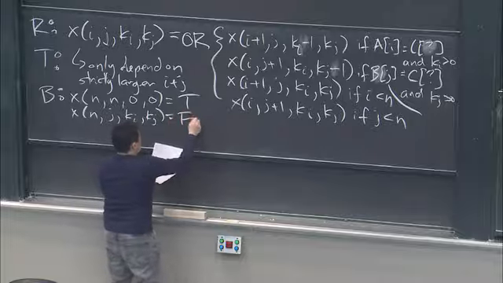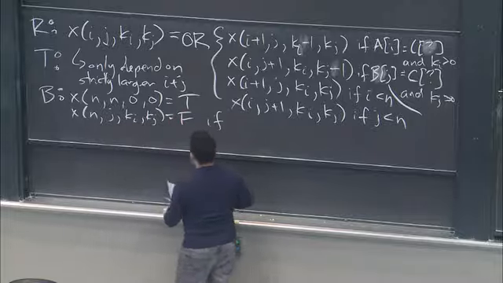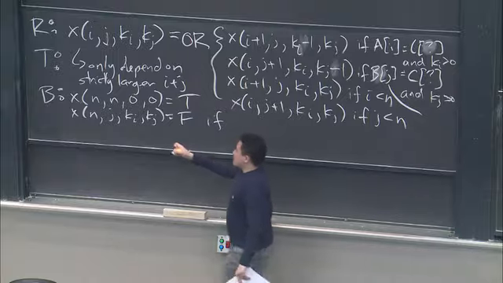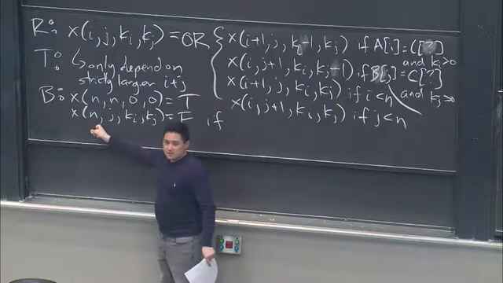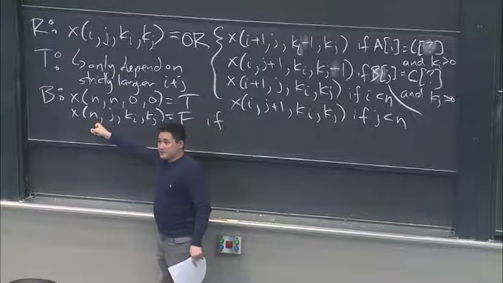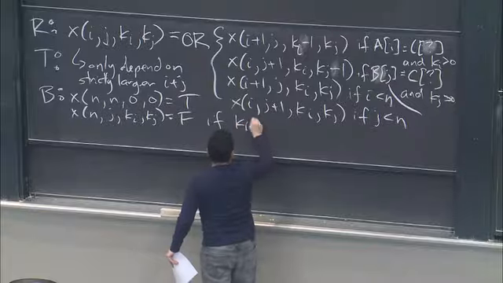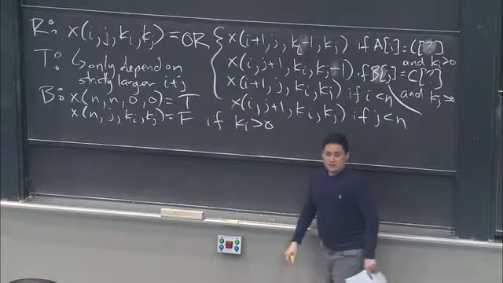this is going to be false if what? If we have nothing left in A, but this one is positive, we got problems, right?